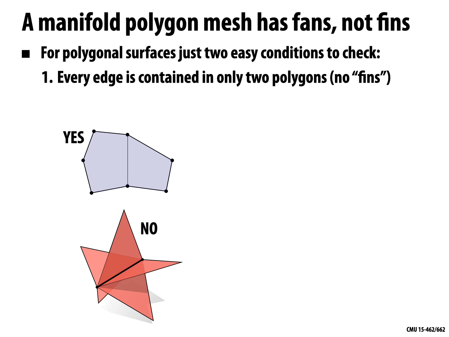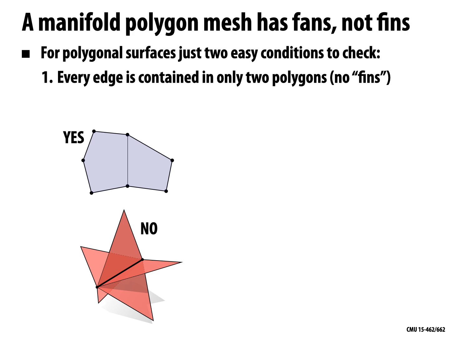We'll talk about the boundary edges in a second. In contrast, in this red star shape, we have this middle edge that's contained in not two, but 5 distinct polygons. So this is not a manifold edge.